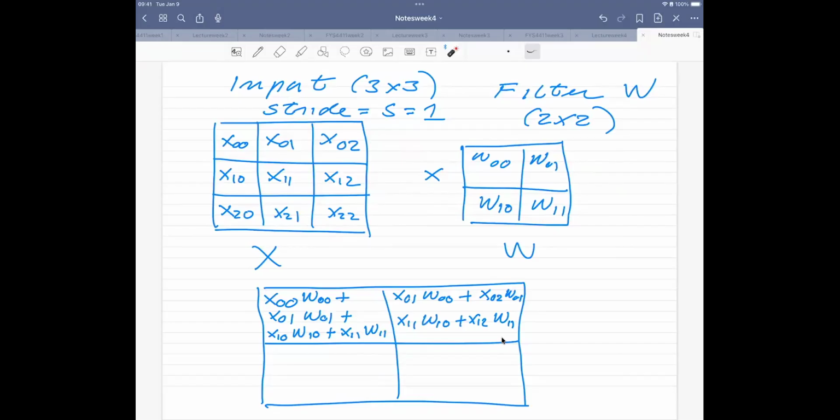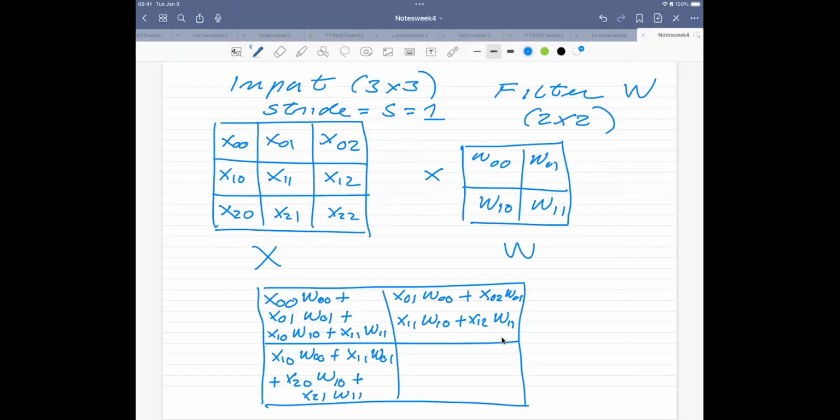So let's take a look at the next operation here, which would then give us x1,0 times w0,0 plus x1,1 times w0,1. And then we have plus, so it's all pluses here. So we have x2,0 times w1,0 plus x2,1 times w1,1.